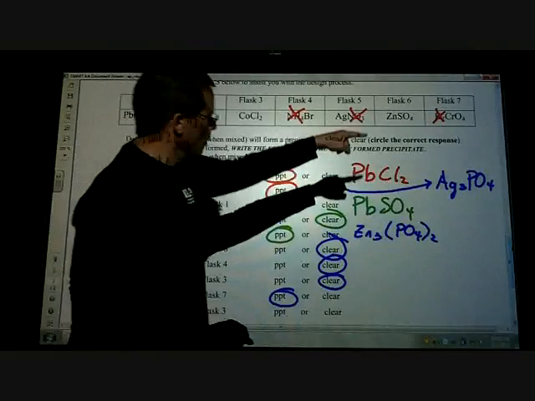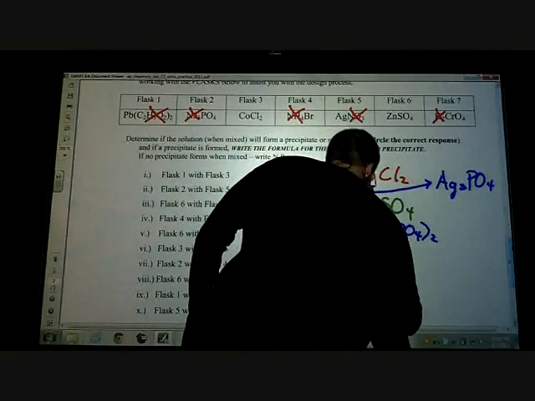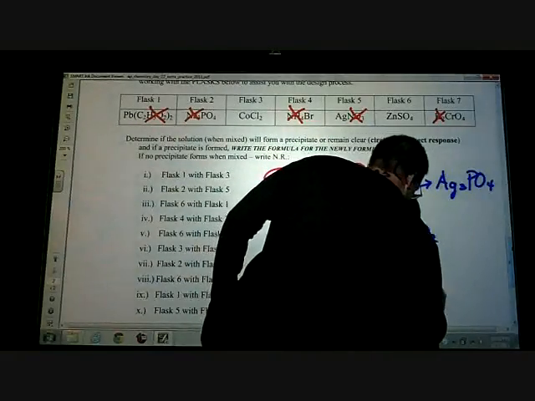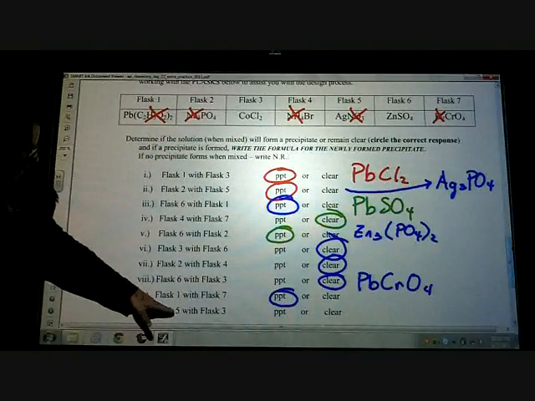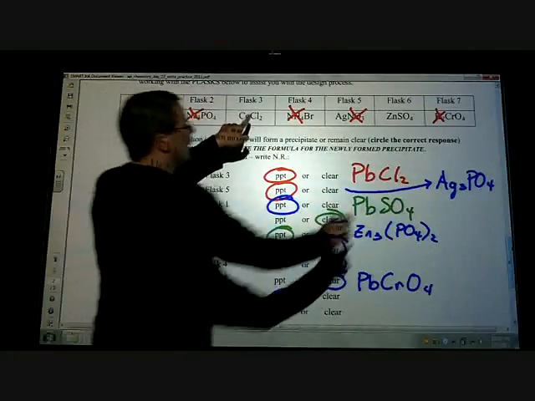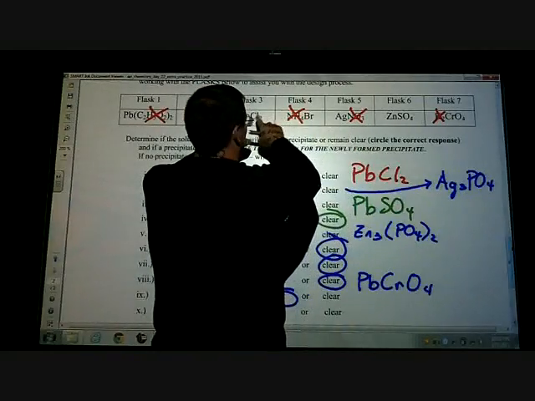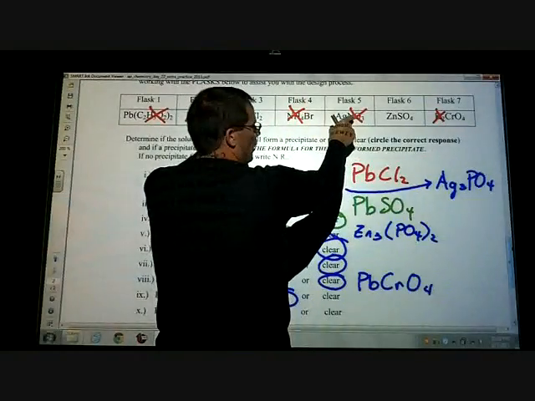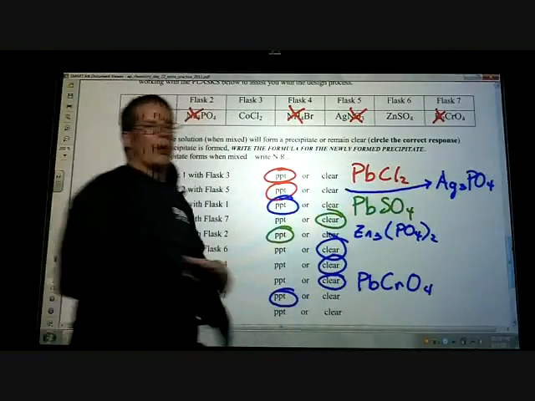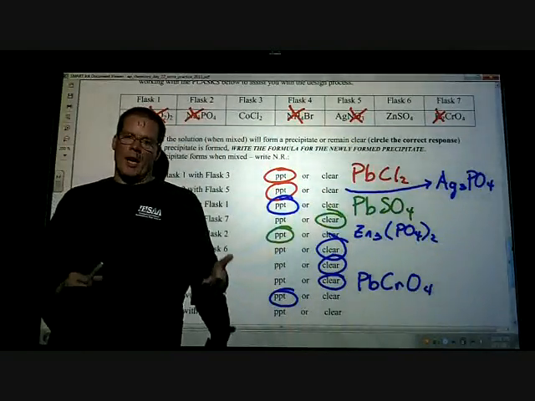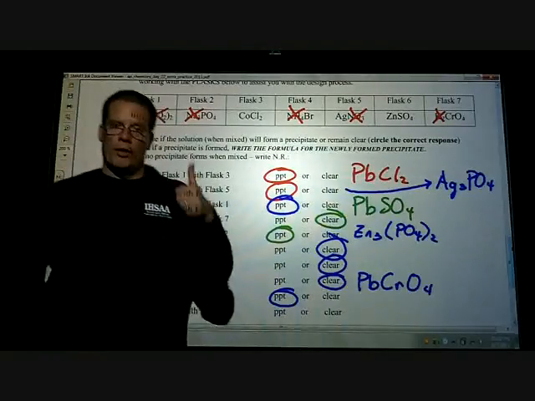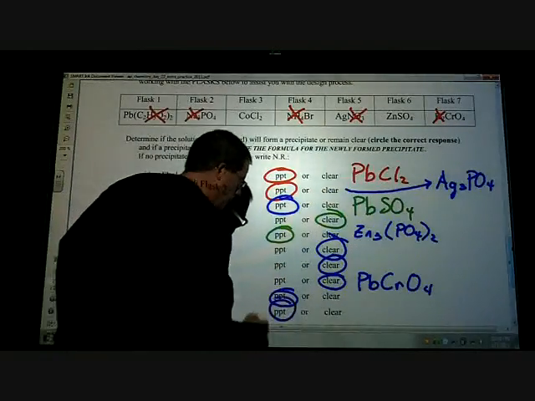Lead has +2, chromate has a -2, so lead chromate, PbCrO4. And the last one, 5 with 3. So we have silver with the chlorine because the cobalt's not going to do anything with the nitrate. So will silver chloride form a precipitate? All chlorides, bromides, and iodides are soluble except with silver and lead. So yes, we do have a PPT.